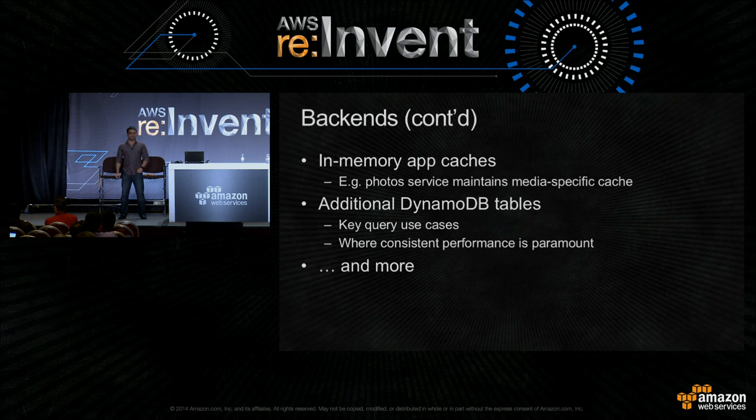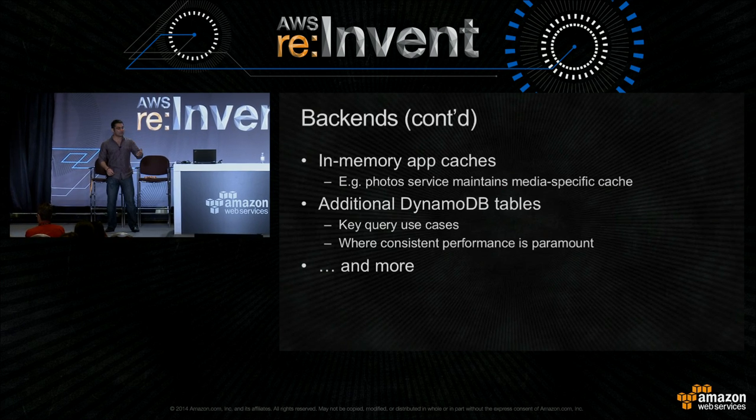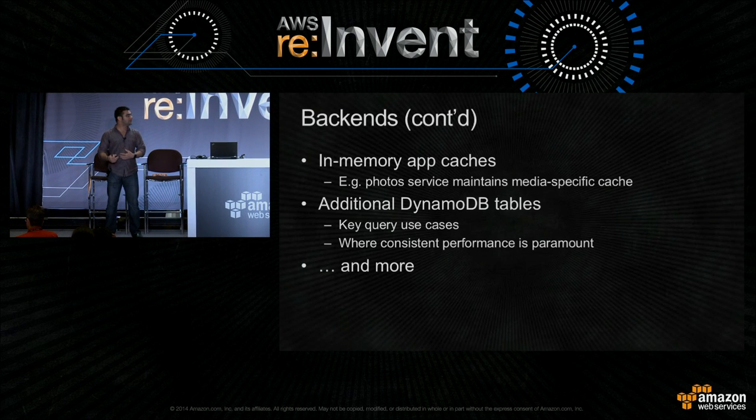Additional query layers. A bunch of our services have specific requirements around caching of data in memory. And an example is our photo service, which has particular media-specific queries that it wants to run. And this is handled by having listeners, the same level as the ones populating Redshift and Cloud Search, also can populate these in-memory app caches.